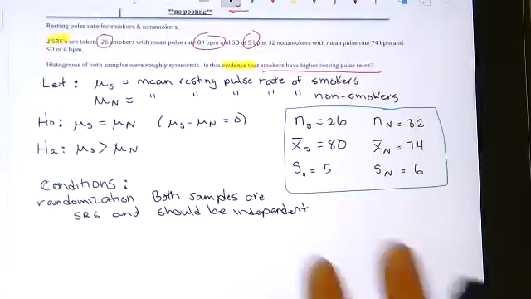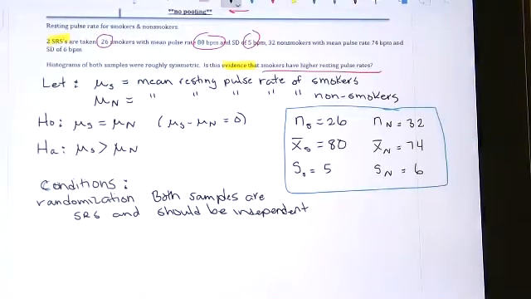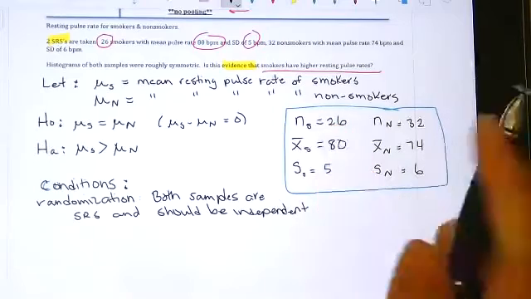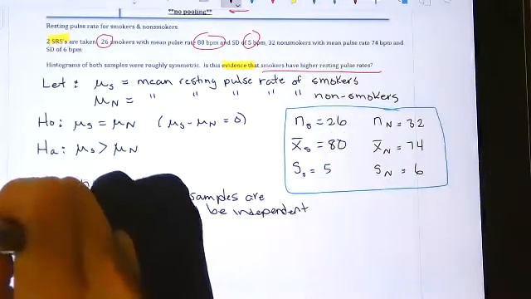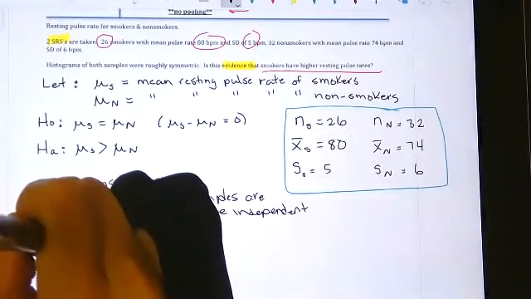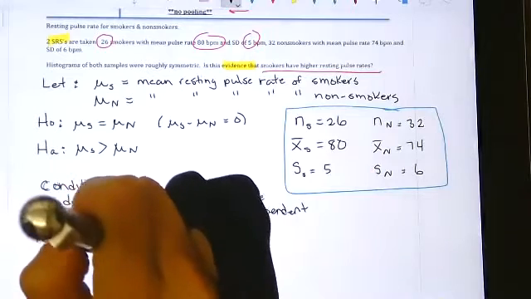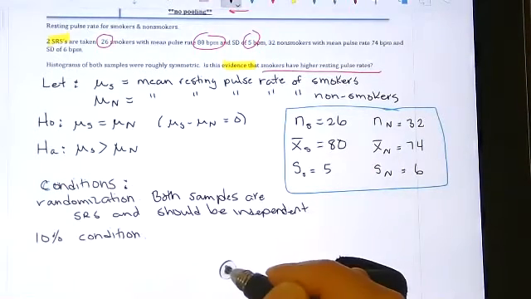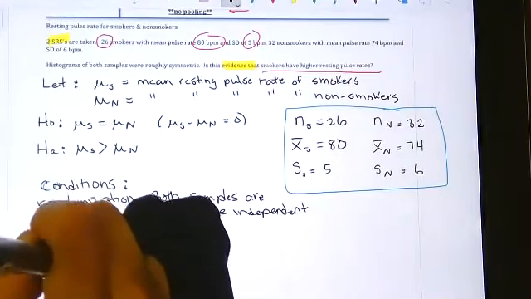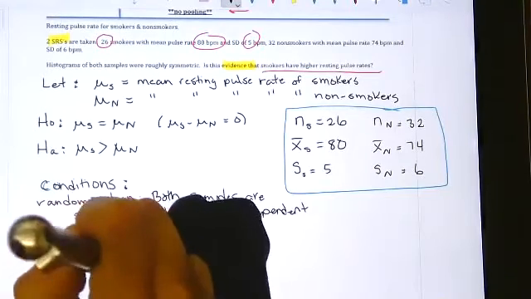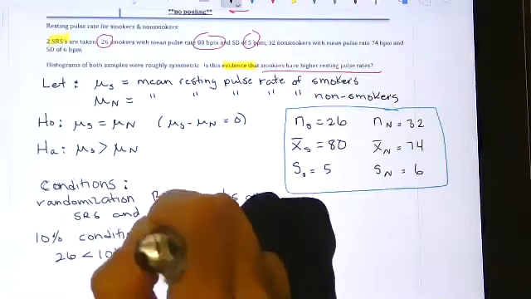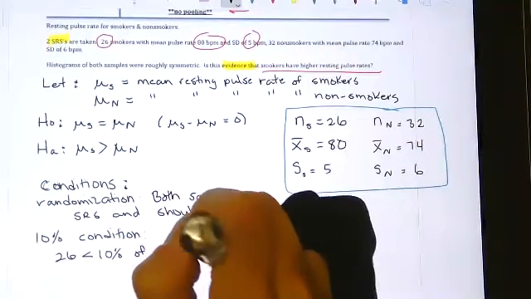Okay. Now we are sampling without replacement. In other words, we're not taking the pulse rate of the same person more than once. These are 26 separate people. So we do need to check our 10% condition. My first sample, 26, is less than 10% of all smokers.